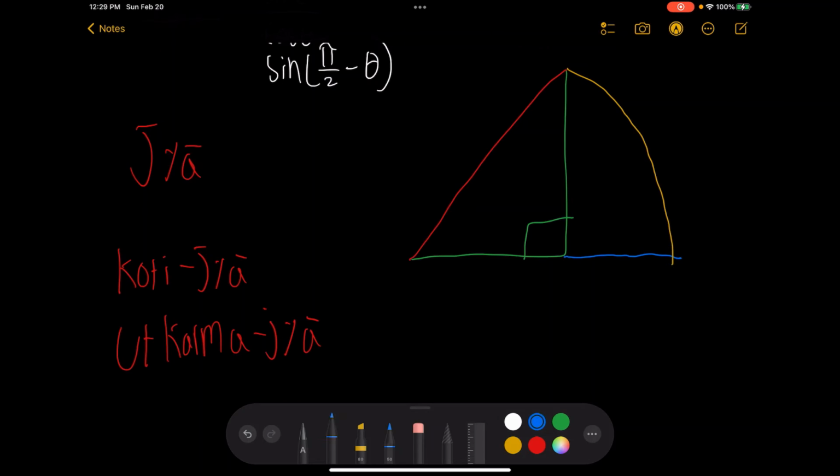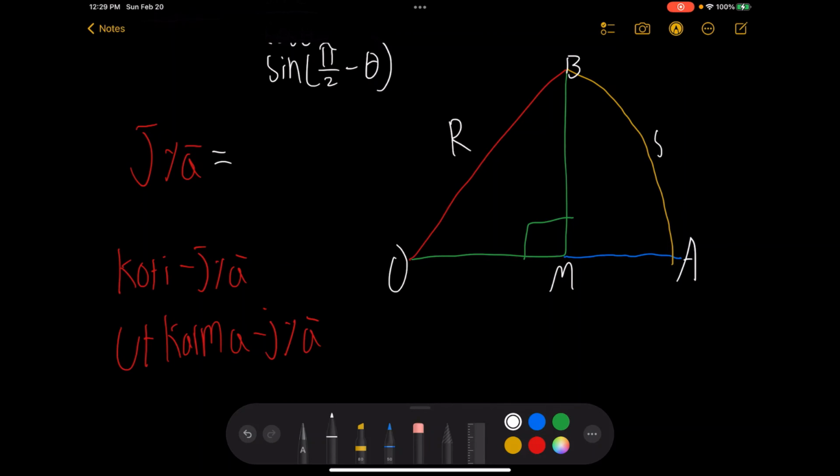You name the points M, A, O, R, B, and the arc is going to be S. Then jya is going to be the arc of AB.